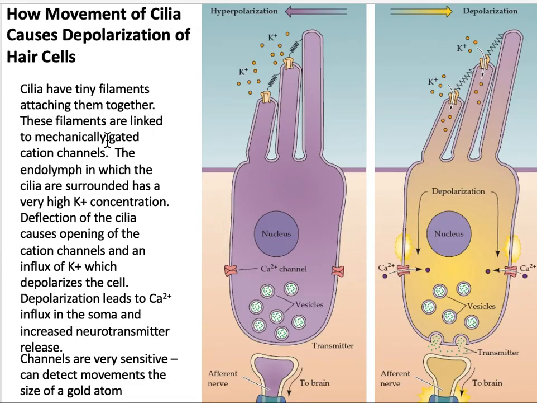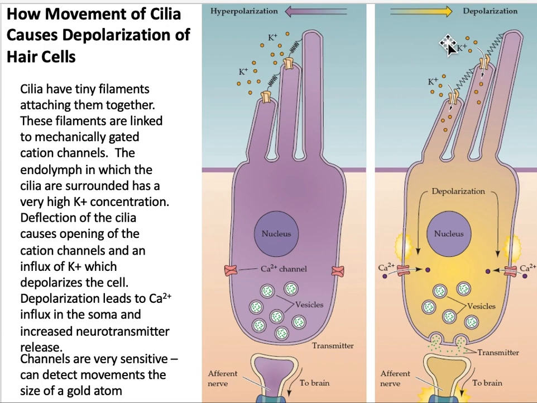And so now we need to go from mechanical reception into an electrochemical signal. And how this works is that there are potassium channels that have a little linker. So there's a little tiny protein, and we'll see an electron micrograph of this here in a second, that connects the gating portion of the potassium channel to the next cilia of the cell that's the next bit longer. And this one has another connector from its potassium channel to the next longer one.